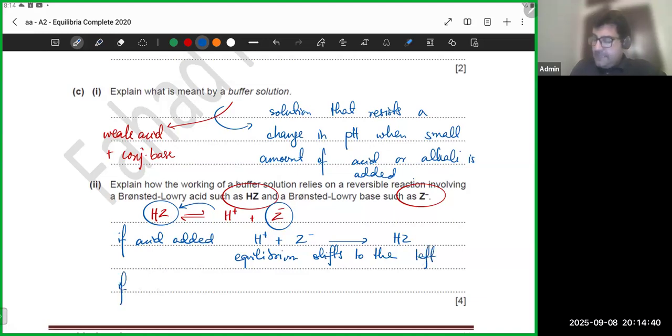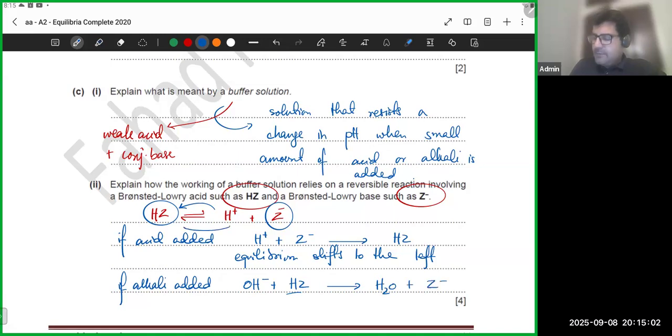And if base or alkali is added, for example you add OH- to it, then the acid is the one that's going to neutralize it. The H from the acid will react with the OH- and form water, and you'll be left with A-.